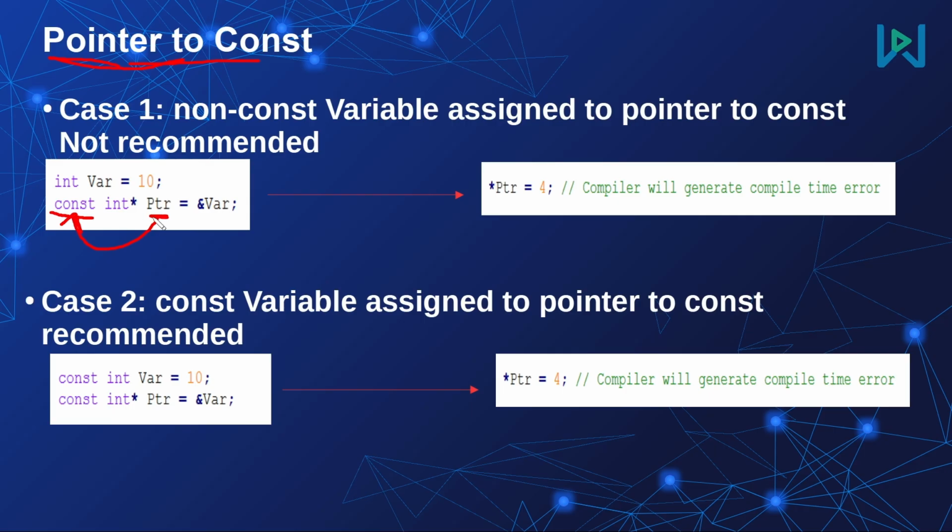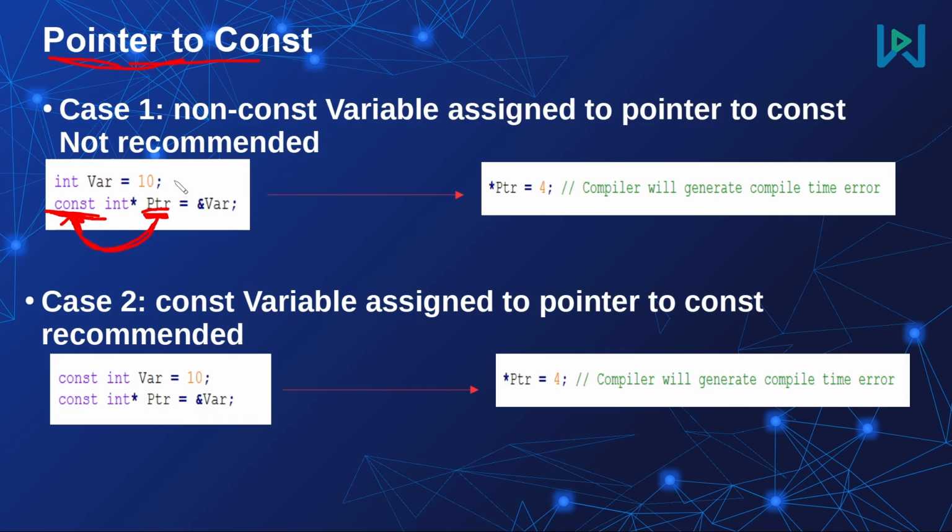Hence, the pointer itself we can update, but the variable that the pointer is pointing to cannot be updated. Hence, if we try to use the pointer to update or modify the variable, then we'll get a compile time error.